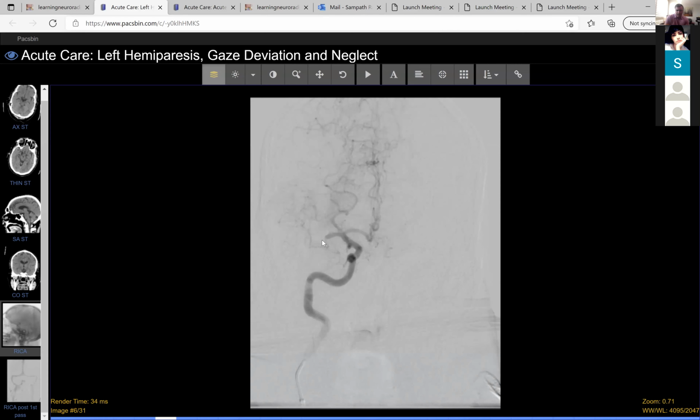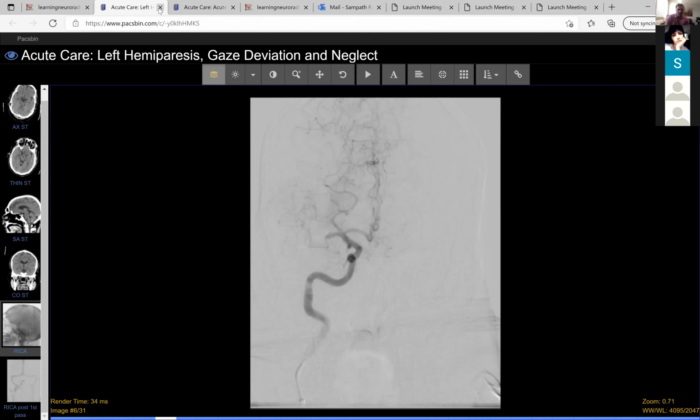It's actually blocked right there, and that's how we find out that there's an acute infarct because of a thrombus blocking the right MCA here. So this is a different way of figuring out the cause of this patient's symptoms.